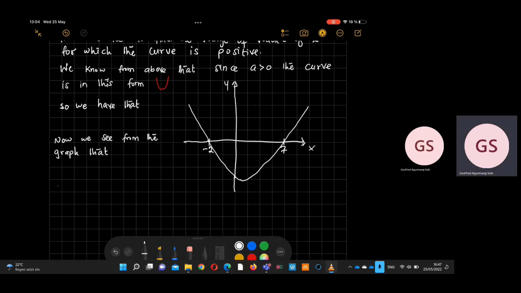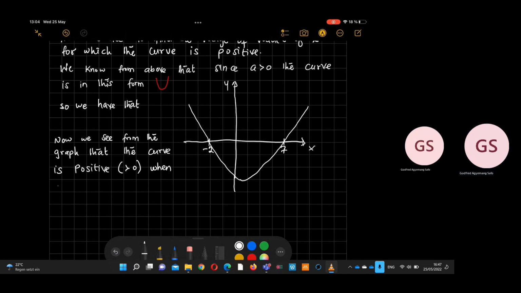So we see from the graph that the curve is positive. That is, it is greater than 0 when x is less than -2 and x is greater than 7. And it's indicated by the red line on the graph.